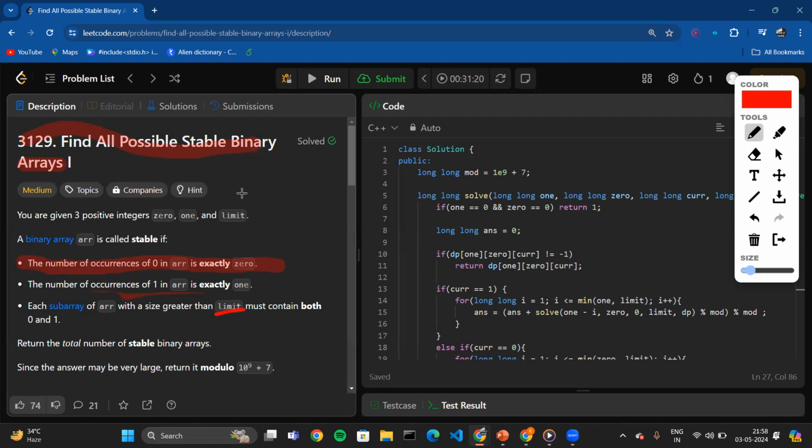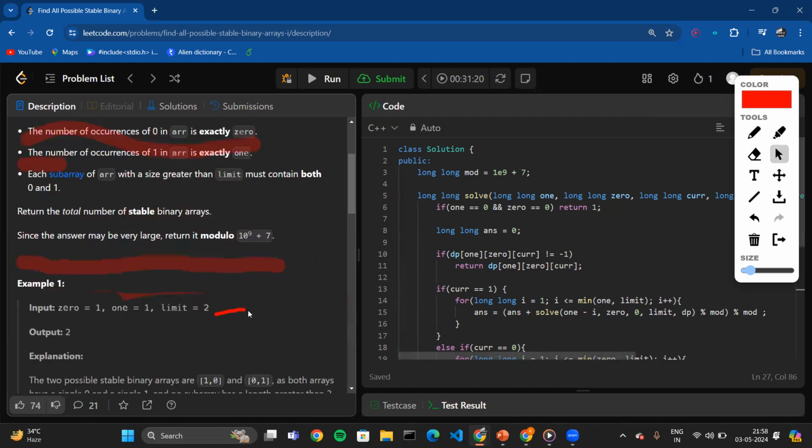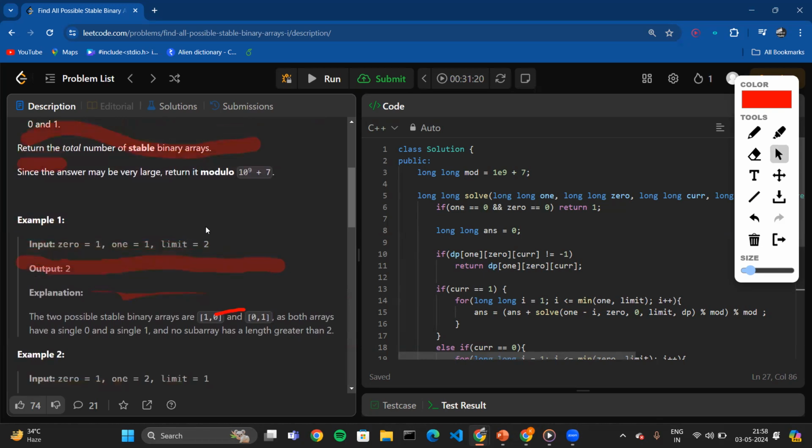For example, let's say limit is 2. I cannot have 0, 0, and again a 0. This will be invalid for sure. So my task is to return the total number of stable binary arrays which I can find.